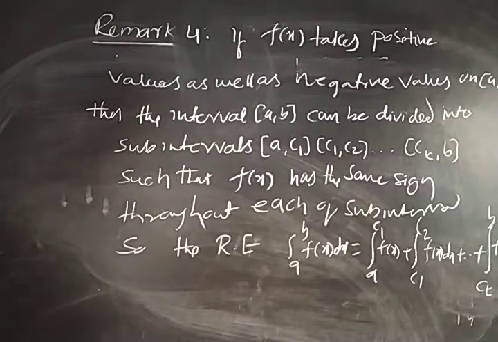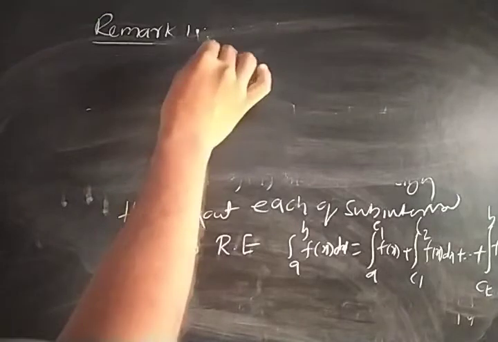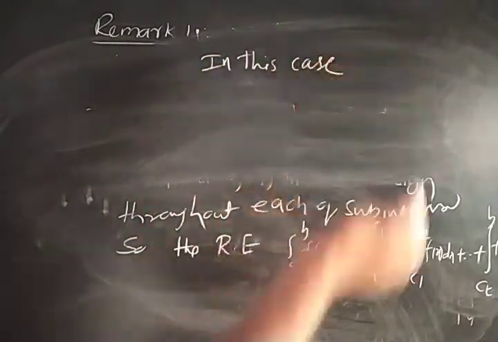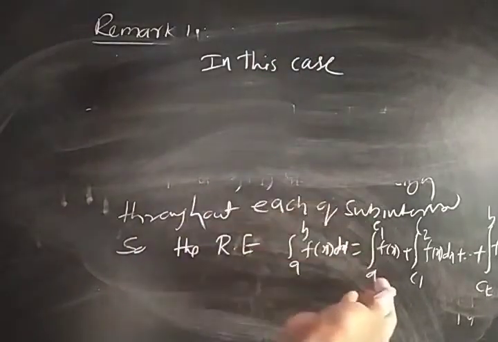So in this case, sometimes f of x is positive, sometimes in subintervals it may be negative.